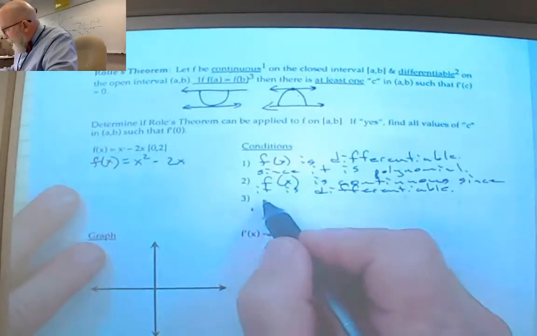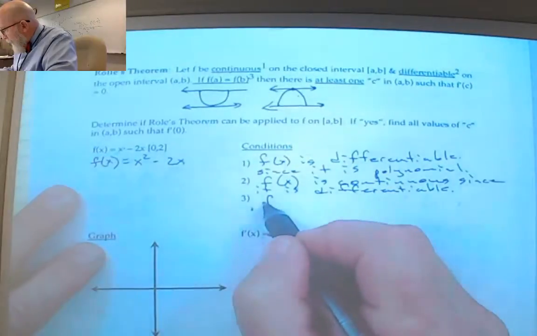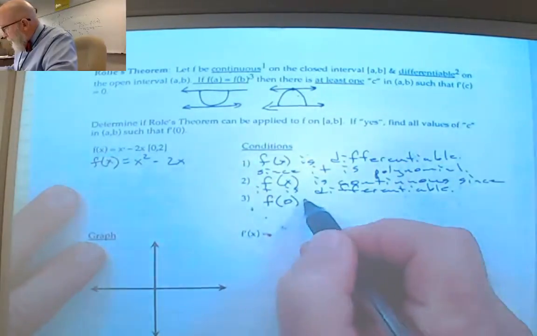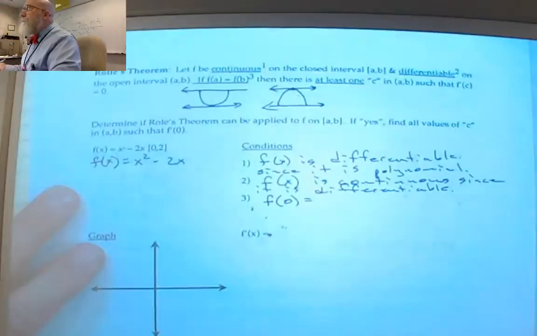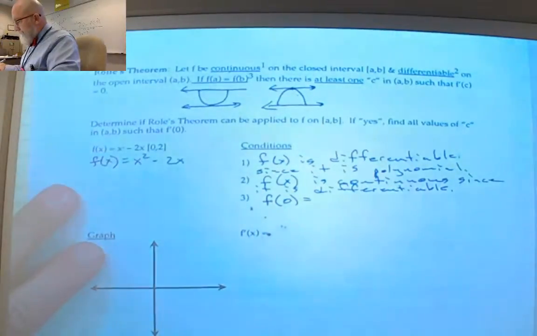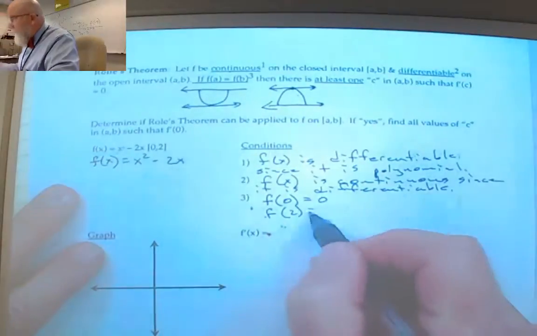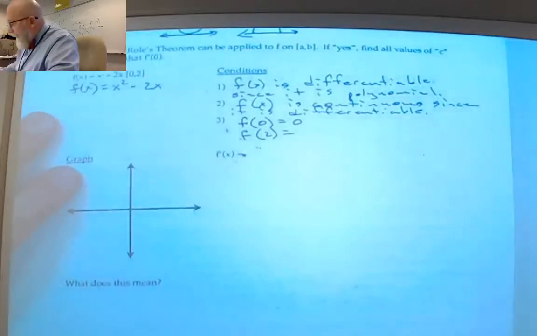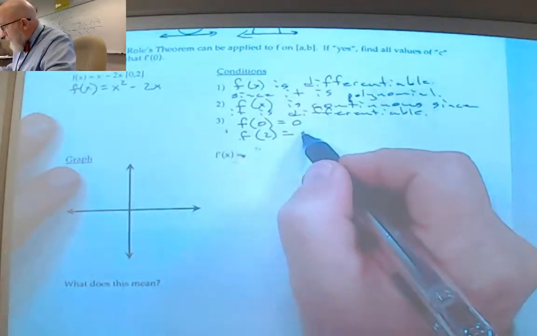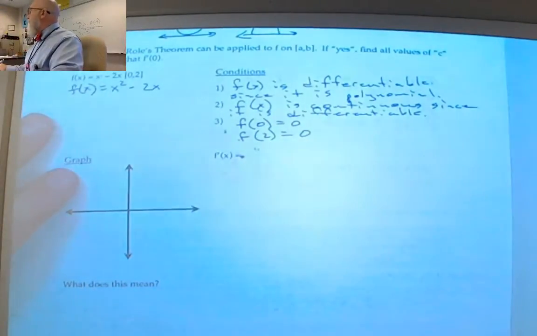So I got to plug in f of a. So a is 0. What's f of 0? I'm going to plug in 2, because that's b, isn't it? What's f of 2? 0. So did I show that they're the same?